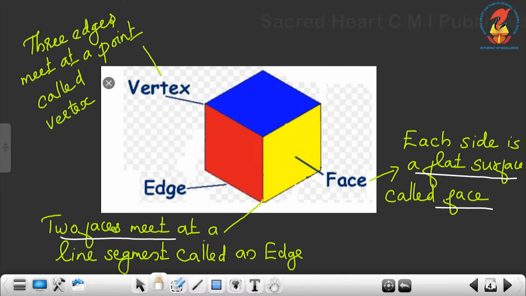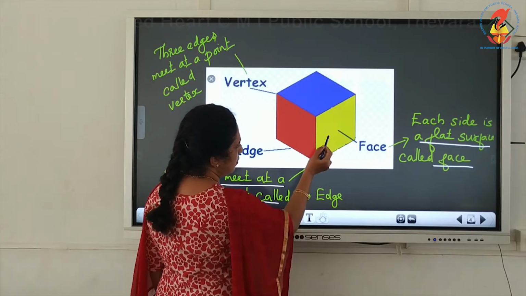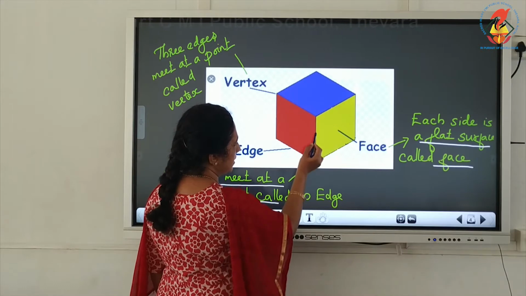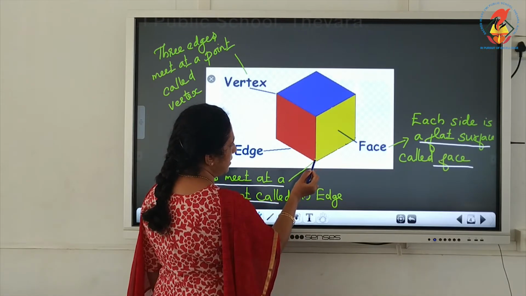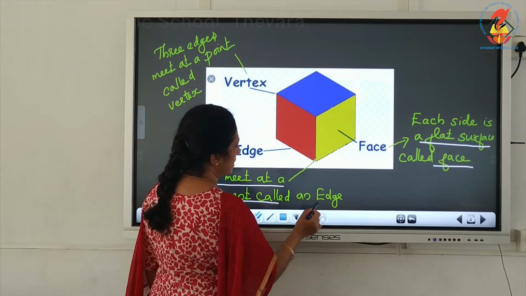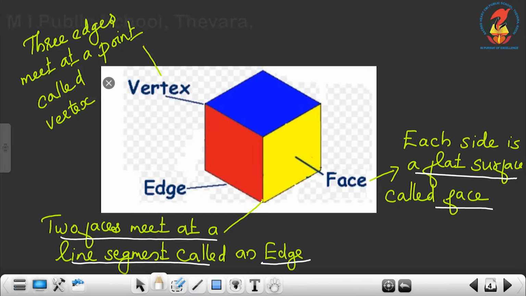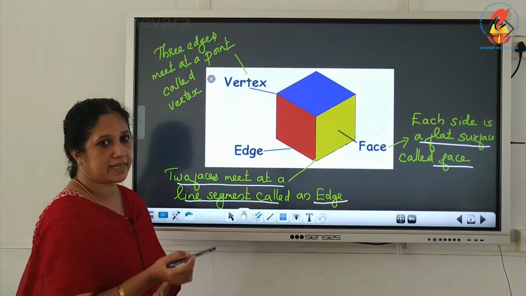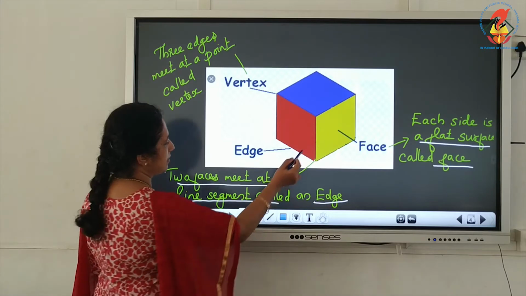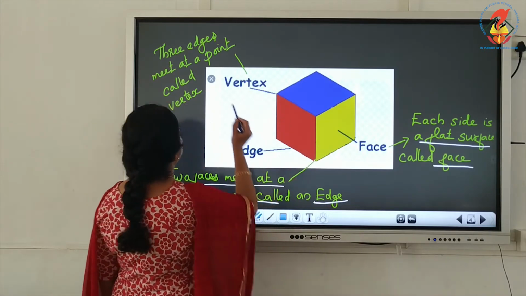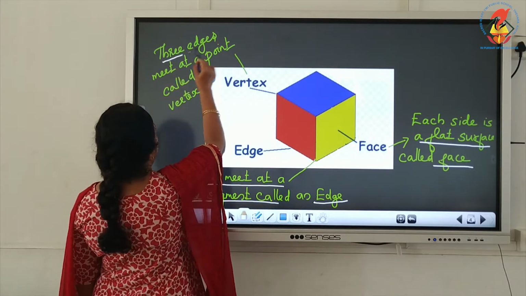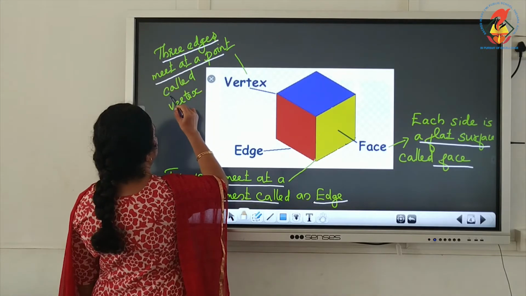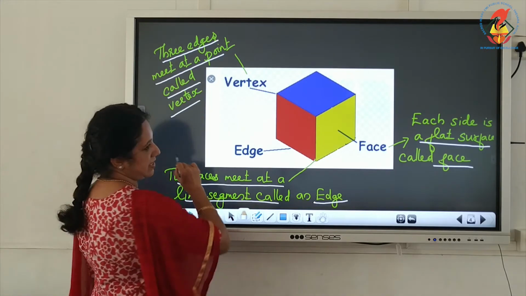Then when two faces meet at a line segment, it is known as an edge. So now look at these two faces, they meet at a line segment, and the name of the line segment is an edge. Then when three edges meet at a point, it is known as the vertex.